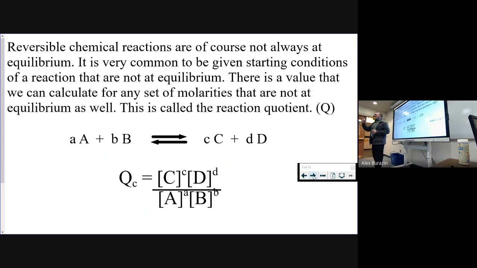But if they keep messing with it by removing product as it gets produced, it'll never reach equilibrium and it'll just keep pushing forward. So there are certain ways to prevent equilibrium when it's desirable. You just have to mess with the conditions to make sure it doesn't actually get there. It's used in industry very often, because in industry they don't want it to reach equilibrium a lot of the time. They want to keep producing something that they can sell and make money on.